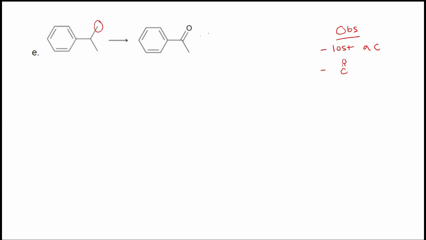And if I think about ways that I can make ketones from benzene, I could have an alcohol here. That would be a way to do that. You could have an alkyne.